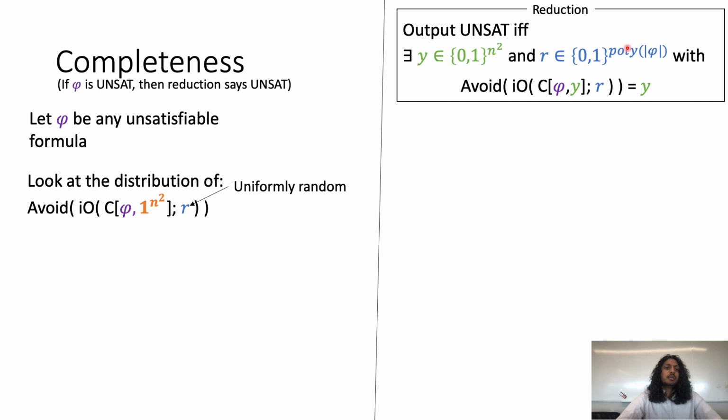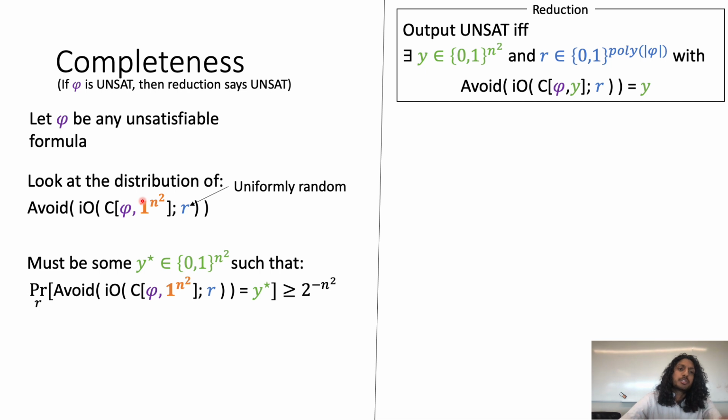Let me look at the distribution of this output when I plug in y equal to the all 1 string and a uniformly random r. This is just some distribution on strings, and by the correctness of the Avoid algorithm, it outputs strings of length n squared.